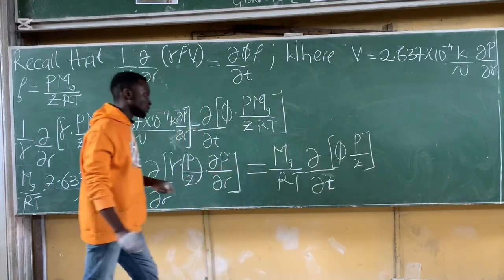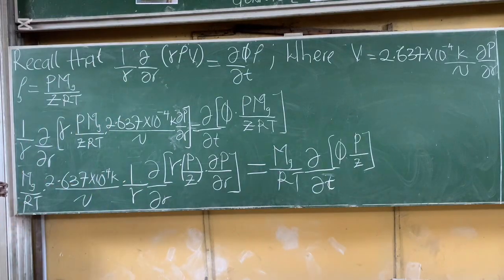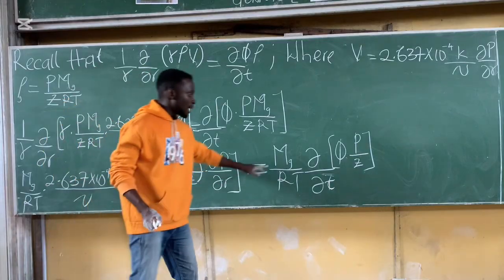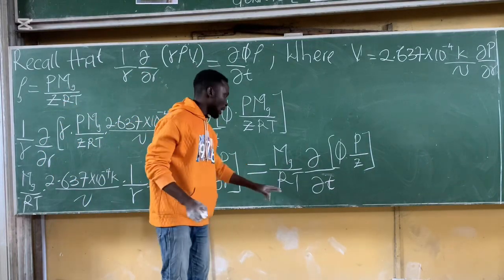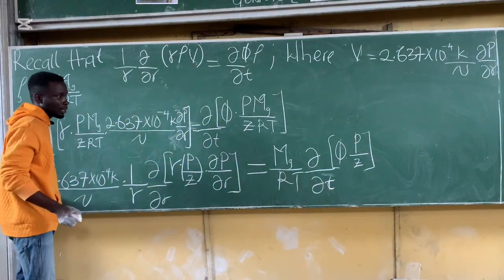Now if you look at this, we have Mg over R T here and Mg over R T here. Can we say that Mg over R T cancels out?